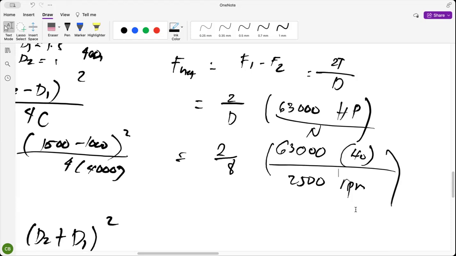Okay, we can get the F net, which is equivalent to 252 pounds. Okay.